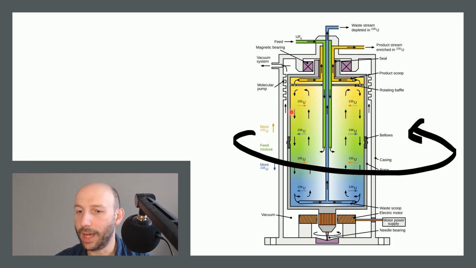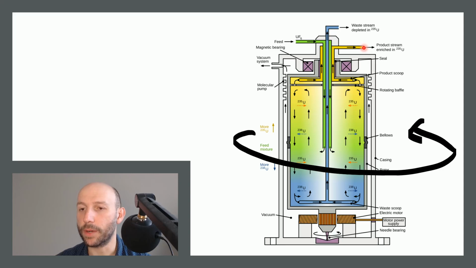So you have the heavier uranium-238 moving towards the outside and downward and into these outlets here, and you have uranium-235, which is lighter, moving closer towards the center and up and through these outlets here, and out of the top.